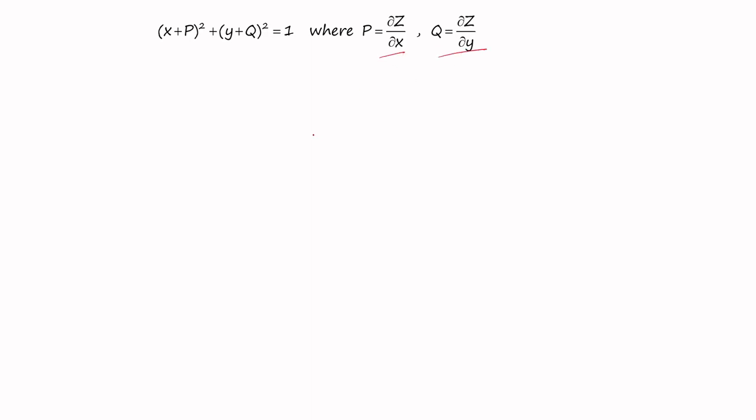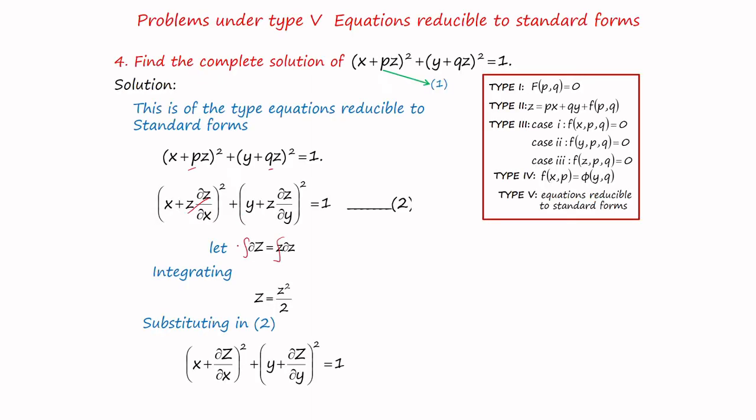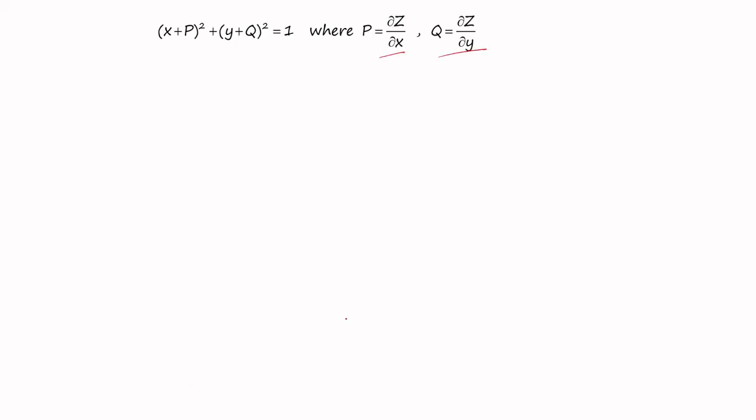So x plus p the whole squared plus y plus q the whole squared is equal to 1. This is our problem.